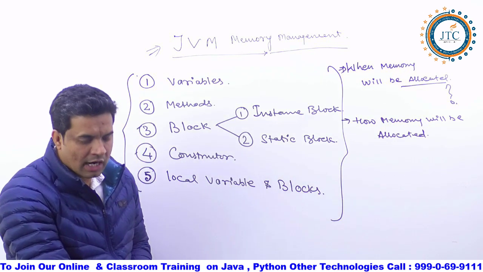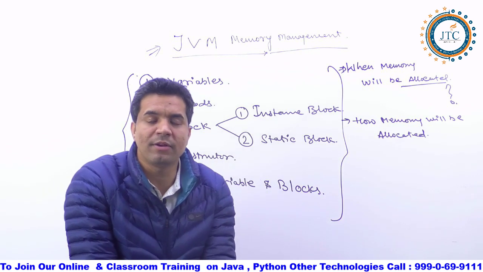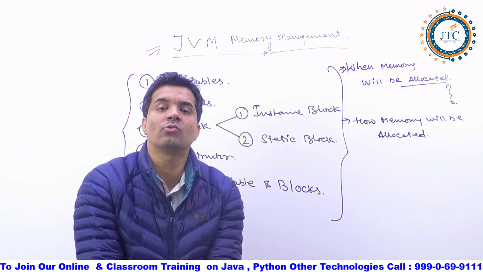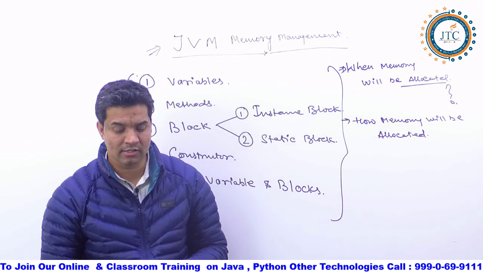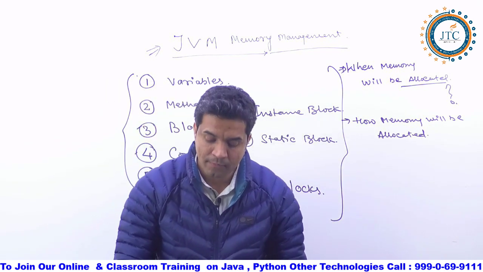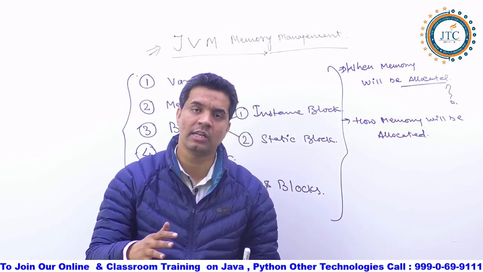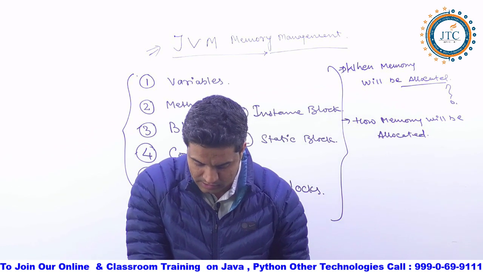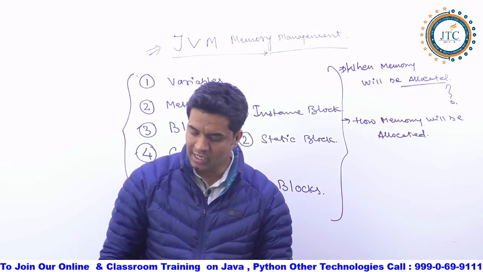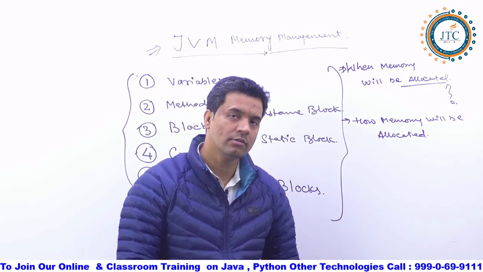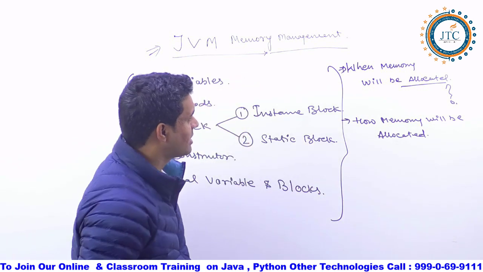Does any one of you have any questions from the previous classes? In the last class we discussed things related to constructors in many different ways, and I discussed a number of questions on the basis of constructors in different forms. So now let's talk about different kinds of concepts.